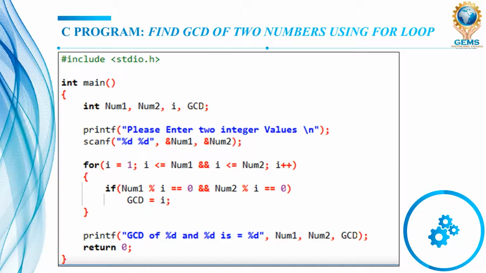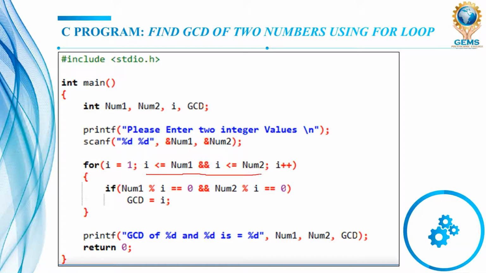Now the for loop is here. As I told you in the previous slide, I is initialized as 1. So I equal to 1, I less than or equal to num1, and I less than or equal to num2, and I plus plus. So here they are checking two conditions.